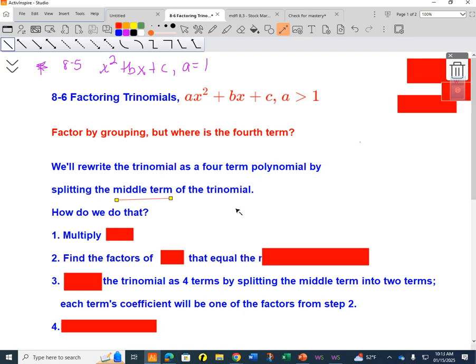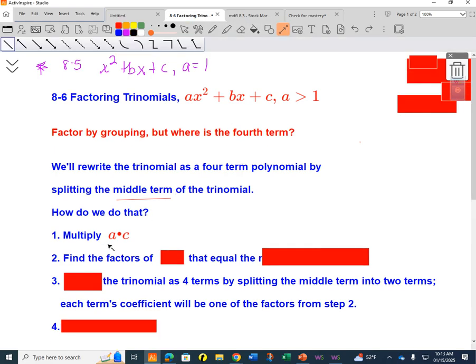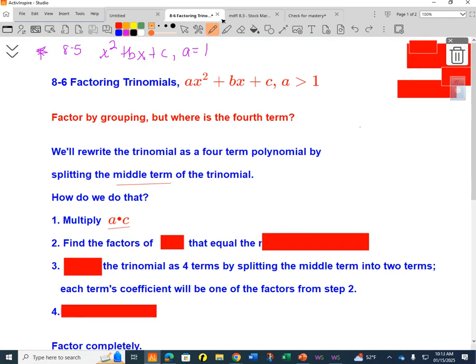So how do we do that? The very first thing we're going to do is we're going to multiply A times C. It's going to be kind of difficult if you've not done the factor by grouping yet. So you're going to want to go back and work on that probably before you do this assignment.